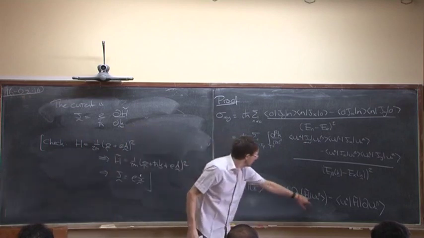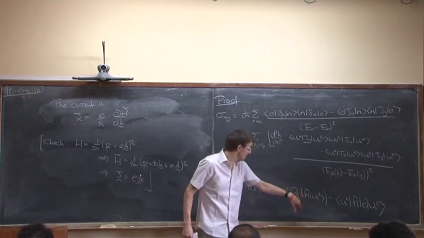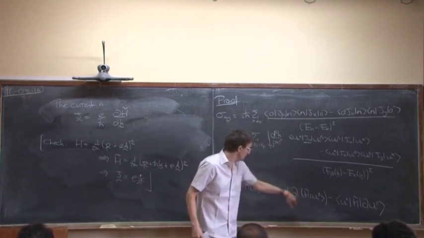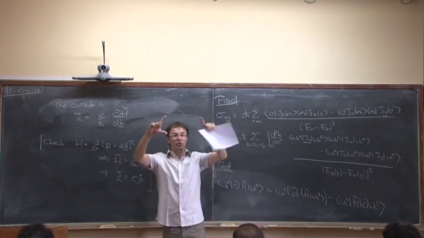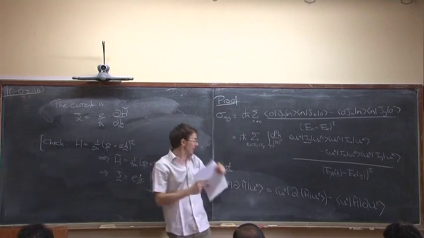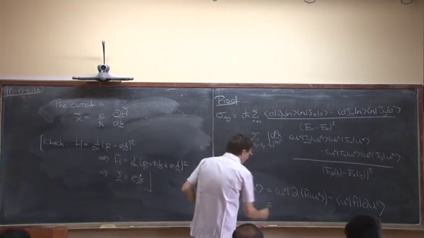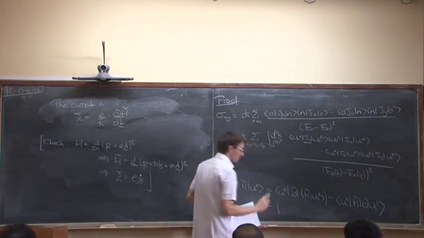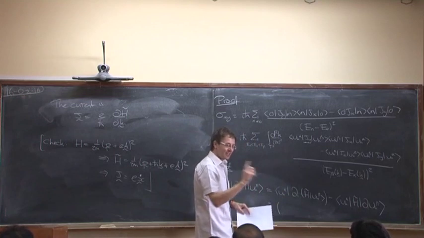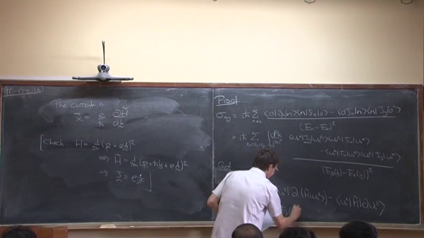Okay, u_k alpha is perpendicular to u_k beta, because they're different bands. So I can take this derivative acting on here and turn it around and act it. Okay, what I'm really saying is the inner product of u_k alpha and u_k beta is 0. If I differentiate that, this derivative is acting on here. So, actually, let me do this. Give me 60 seconds before you ask questions. Okay.